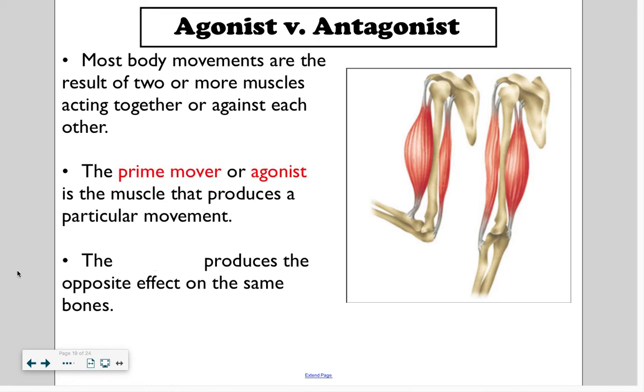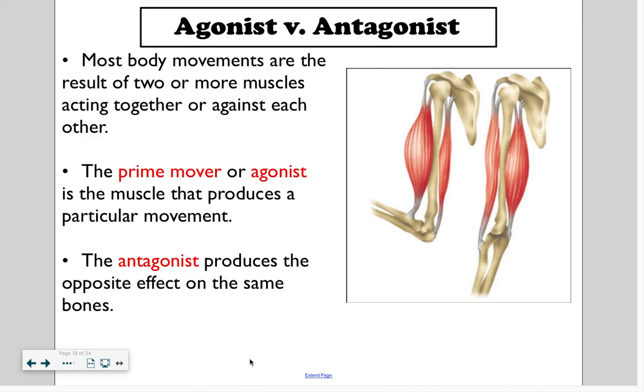The prime mover or the agonist is the muscle that produces the movement, and the antagonist is going to produce the opposite movement. So when I contract my bicep and I move my radius and ulna, my lower arm, up towards my shoulder, and I flex my bicep, relaxing the bicep is not going to be what causes your arm to go down. Contraction has to cause that movement.